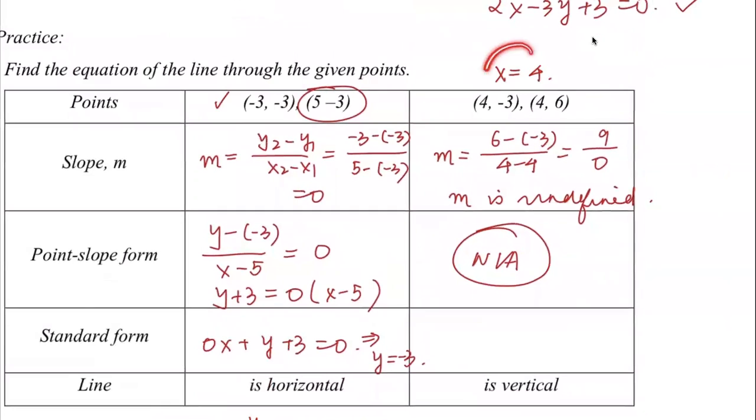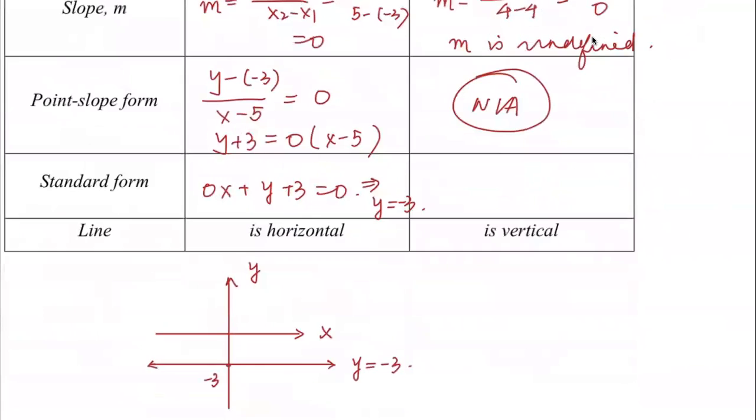So this equation means on this straight line, all the x coordinates are the same, which is 4, and all the y coordinates are different. And this can be written as x minus 4 is equal to 0. And this will be the standard form. X minus 4 is equal to 0.